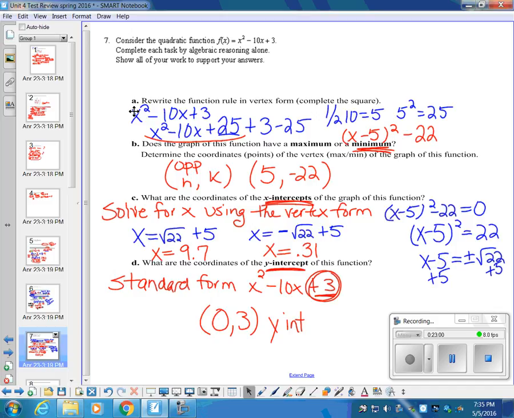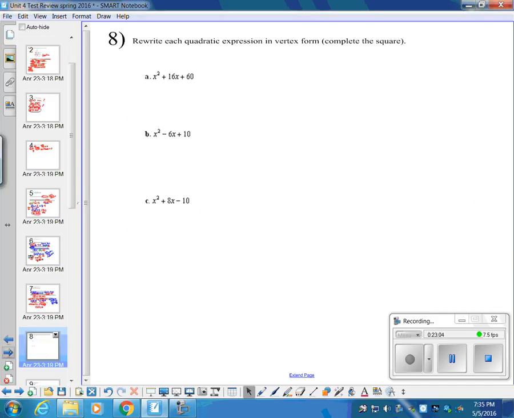Moving on to number 8. Rewrite each quadratic in vertex form, which means you complete the square. So all you have to do here is complete the square. So I'm going to rewrite it. Put my blank in first.